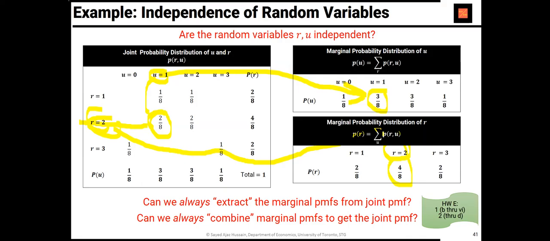I wonder if 3/8 multiplied by 4/8 is equal to 2/8. Well, no, right? Because that's just not true. So 3 times 4 is 12, 8 times 8 is 64. 12 divided by 64 is not 2/8. I think so, actually, yeah.